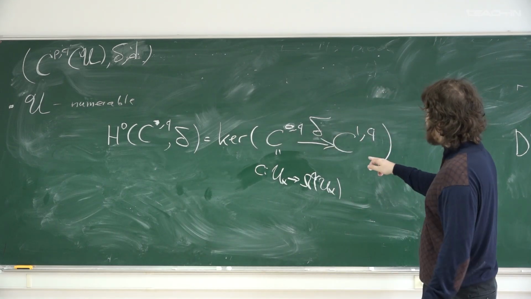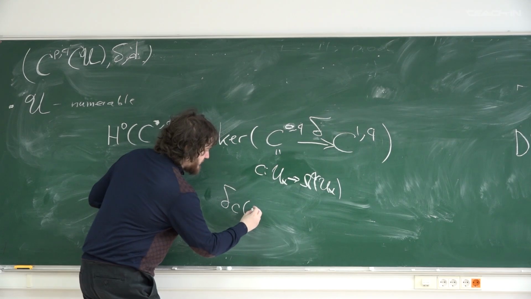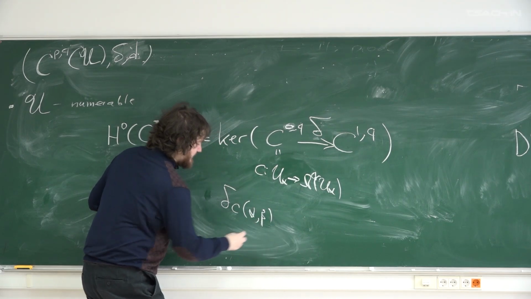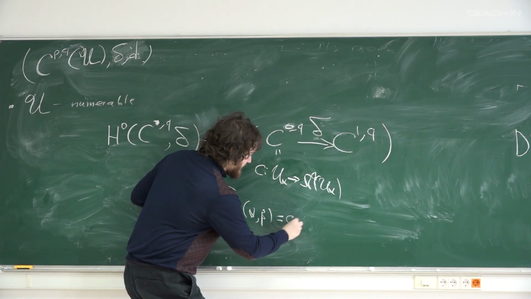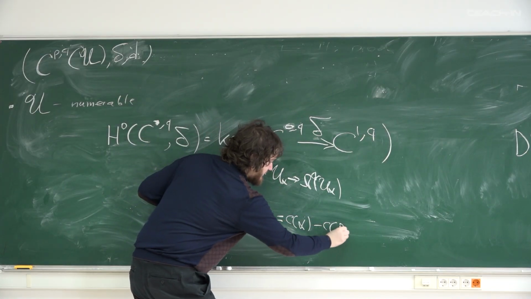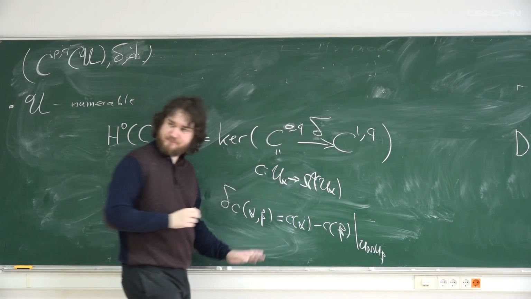And the differential says that dc on two elements of my cover is just the difference between their values, restricted to the intersection.